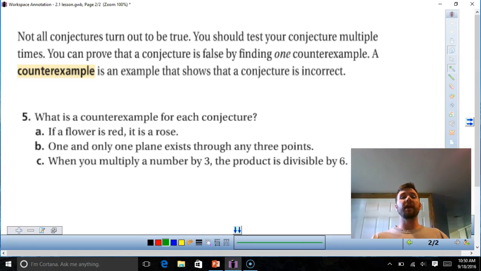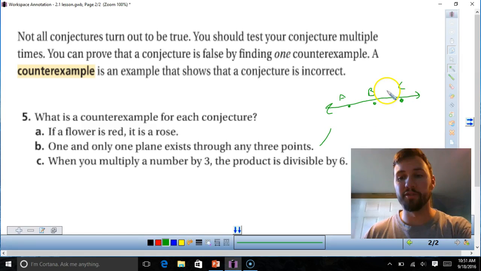B. One and only one plane passes through any 3 points. Now this one you might say, well, that's true. But what if all those points are on one line? And 2 planes can pass through a line. In fact, infinite can.